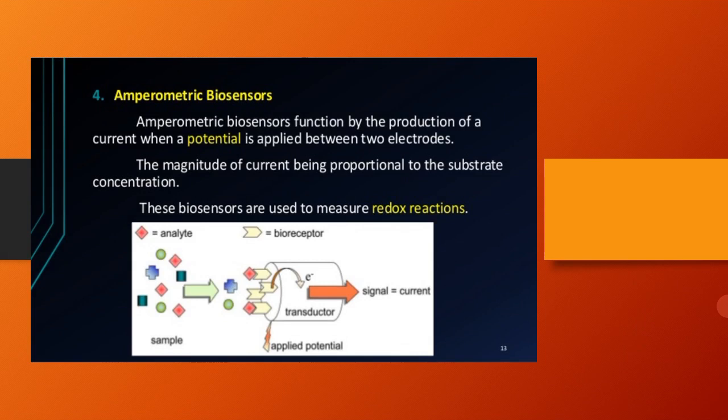Now you can see in this picture, there is a red colored analyte in the sample. Now the bioreceptor is present. The analyte will bind to the bioreceptor. After binding, what will it do?